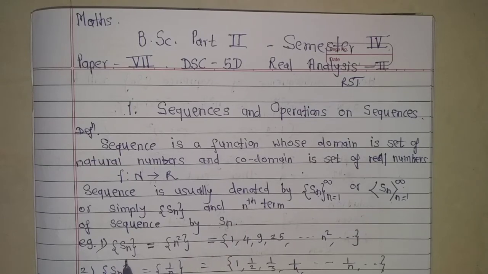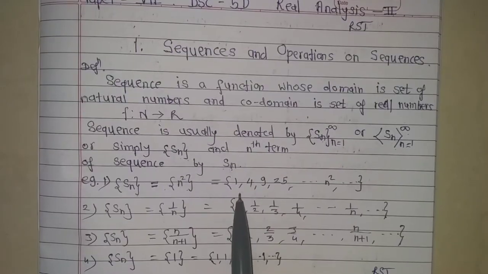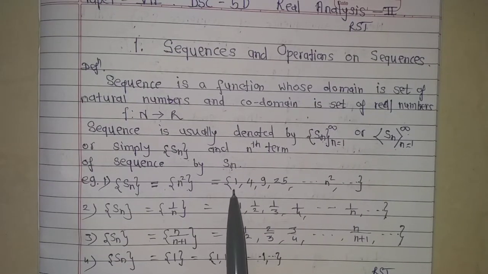For example, let us consider first example. Sequence Sn equal to sequence n square. When n is equal to 1, n square means first term is 1. When n is equal to 2, 2 square is 4. When n equal to 3, 3 square is 9.